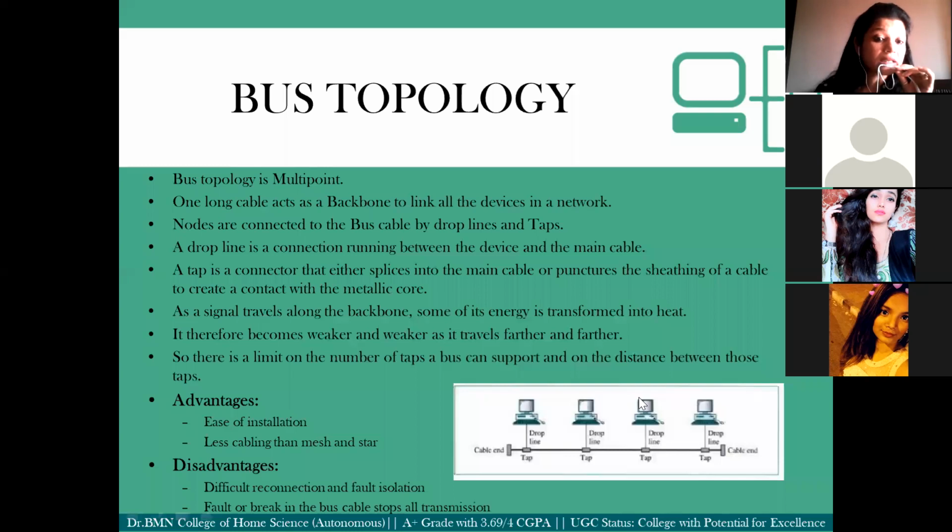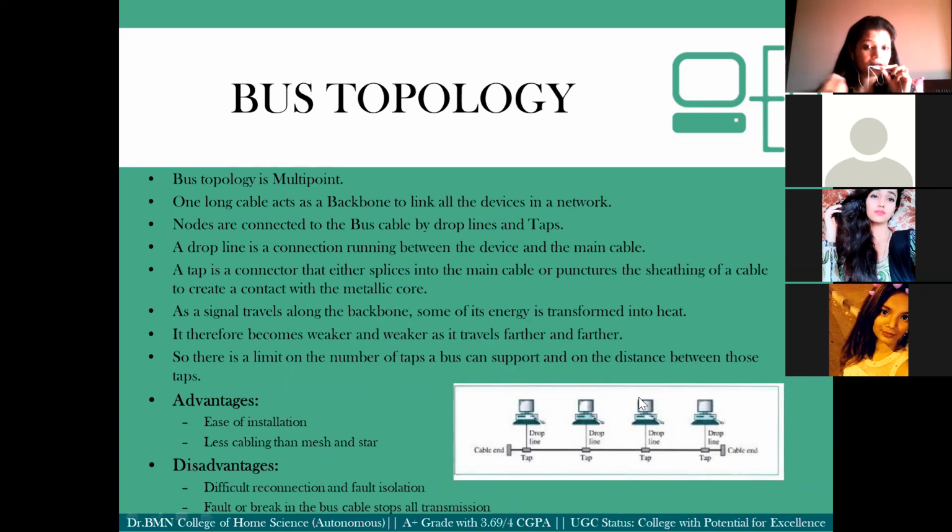Disadvantages: reconnection is difficult. See, bus topology, whenever it is installed for the first time, is installed optimally, keeping in mind the best optimum utilization of that cable. So now when you go to reconnect or want to add new devices, what will happen?